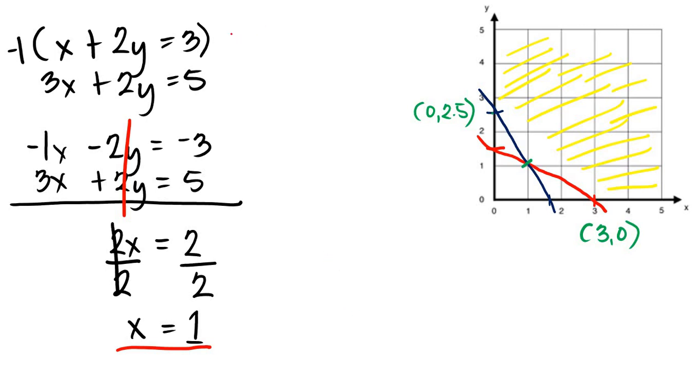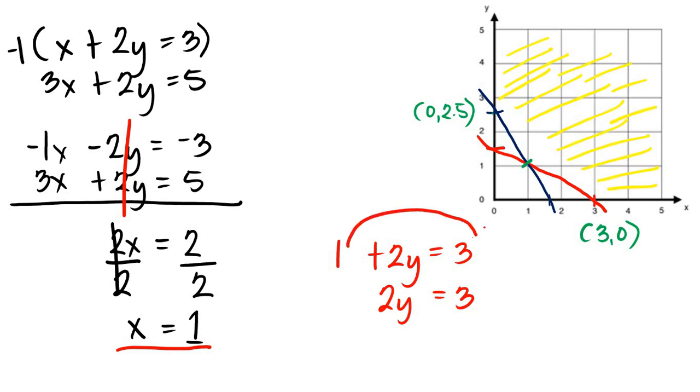Now we substitute 1 in any of these two constraints. I'll be using the first one. So x, that would be 1, plus 2y equals 3. The 1 here, I will transpose to the other side, so we change the sign.